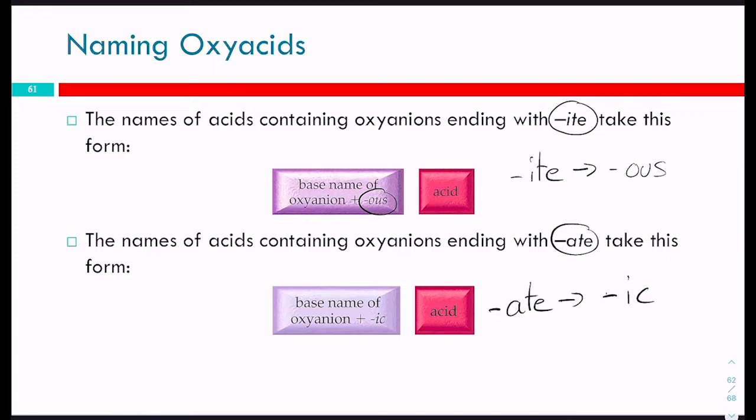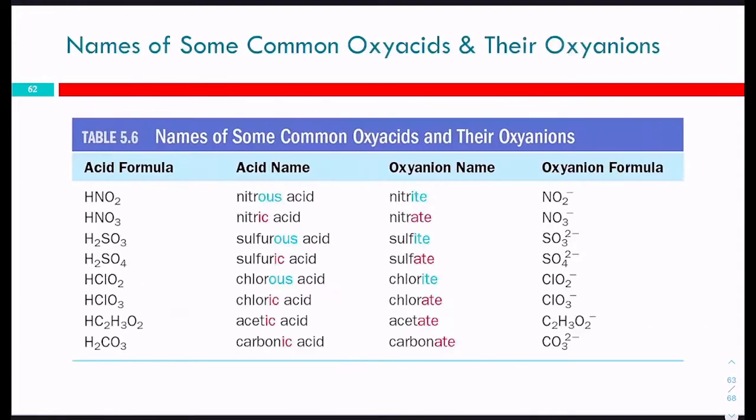And then notice that oxyacids do not have hydro in front. So if you're asked to convert from the name to the formula, if it has hydro in front, it's a binary acid. If it does not have hydro in front, it's an oxyacid. So here are some of these names converted.